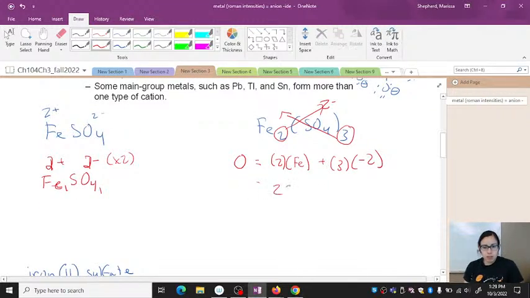Then you get 2 times my oxidation state of iron plus -6 equals 0. So what does X have to be? It should be +3. So you should get 6 equals 2x, and so X equals 3.